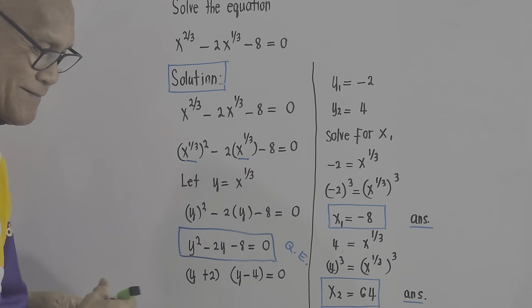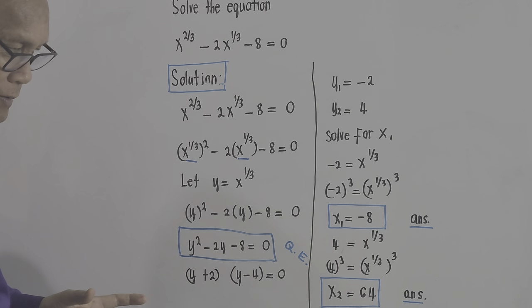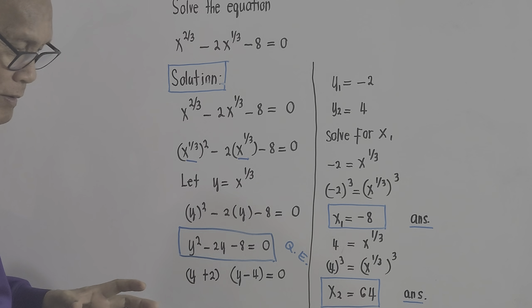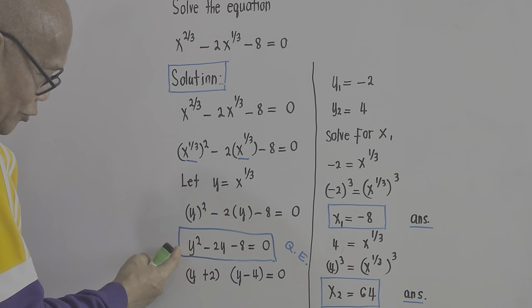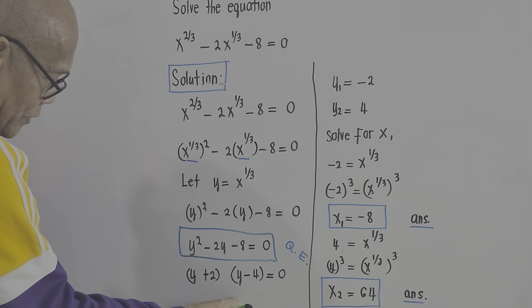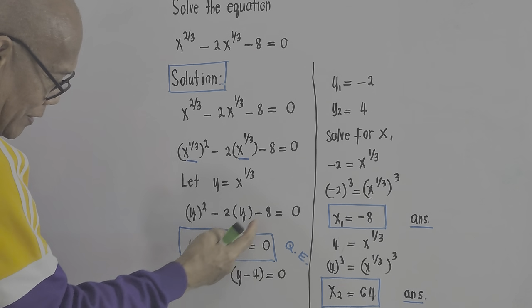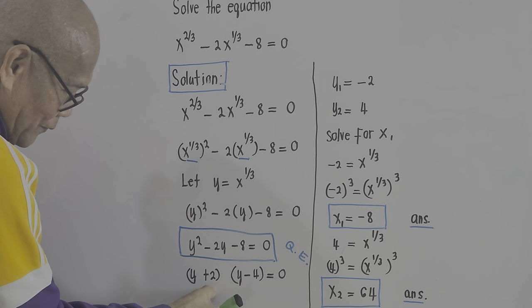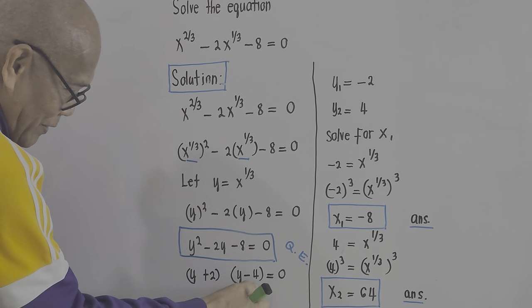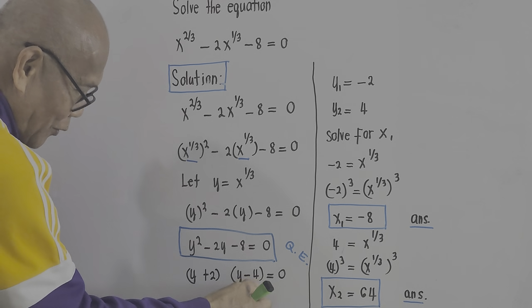Let's try to compute for y. And the first solution now will be by factoring. I think we could bring out the factors by inspection. The possible factors of y squared will be y and y. And the possible factors of negative 8 are minus 4 times plus 2, because plus 2 times minus 4 is actually minus 8.